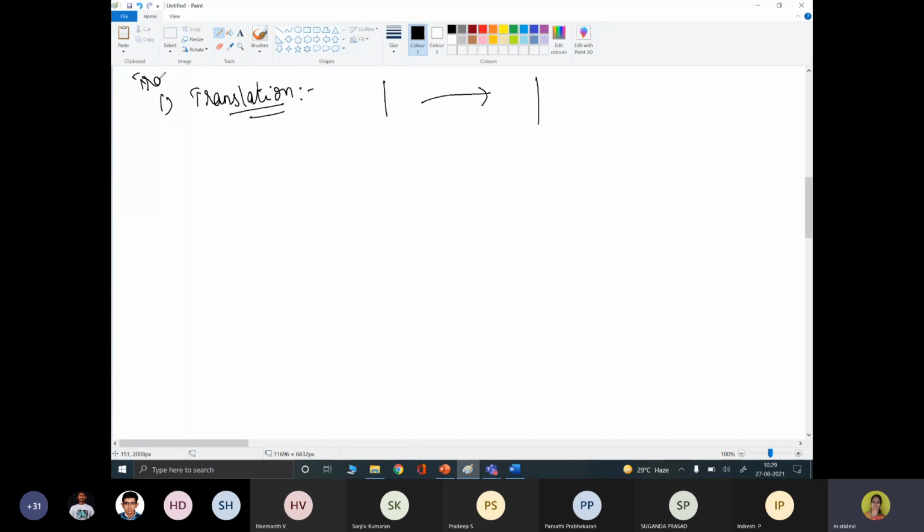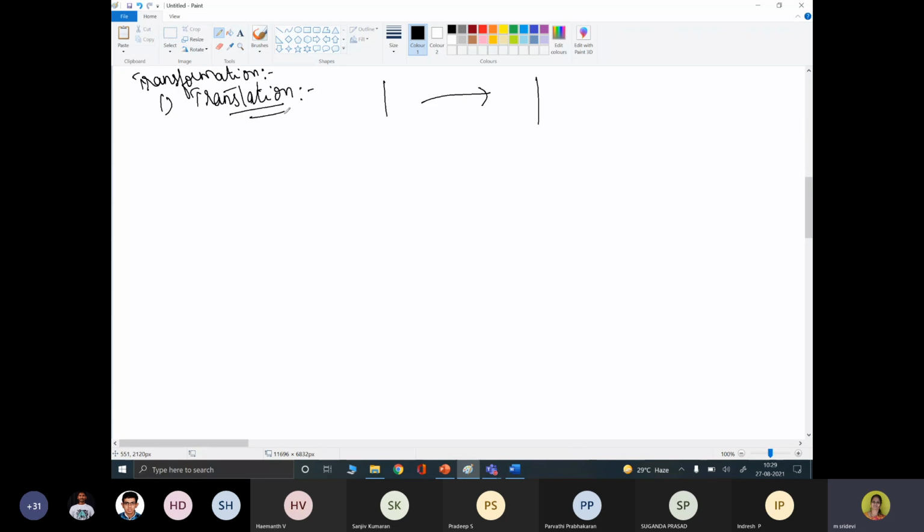Transformations, or manipulations, are used to change the orientation, shape, or size of the object. The basic transformations are translation, rotation, and scaling.